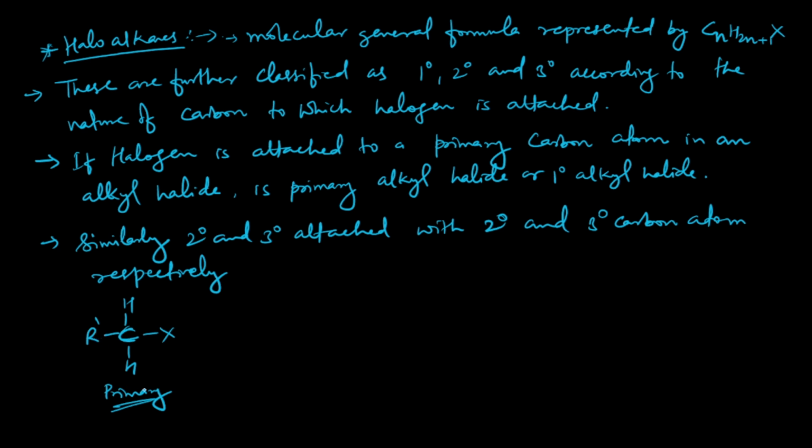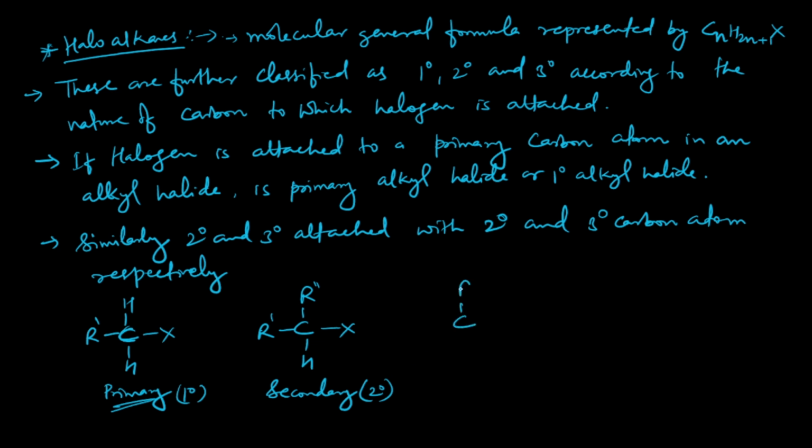Now what is secondary? This one is R and this one is R double prime, with hydrogen and X. This we call secondary, or 2 degree, because the carbon bearing the halogen is attached to 2 carbons or 2 alkyl groups.